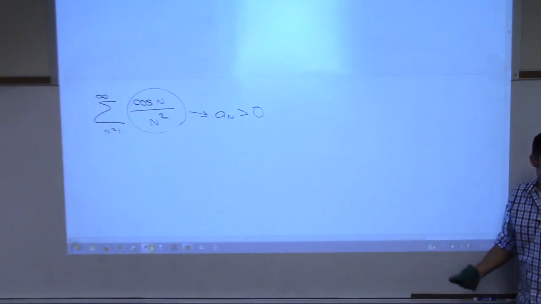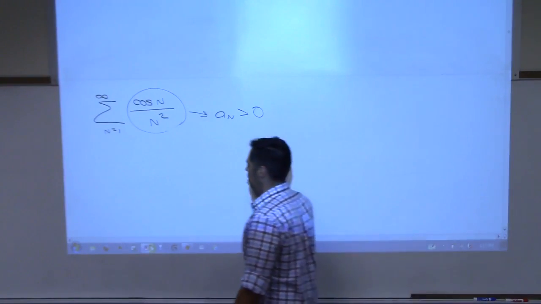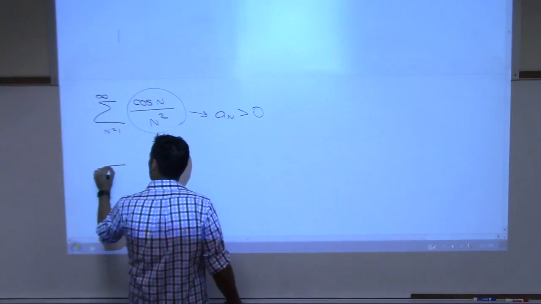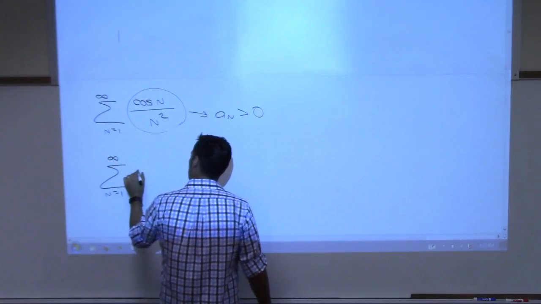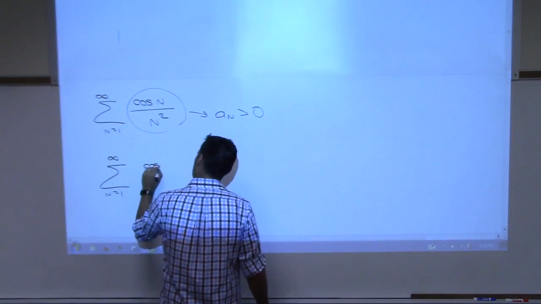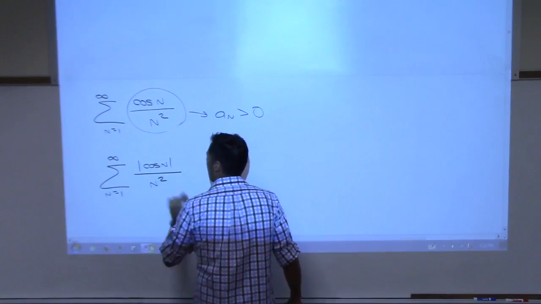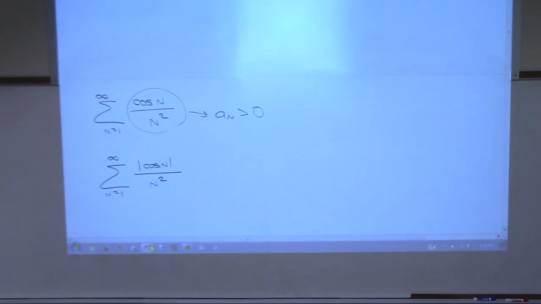Do you understand? But what I can do is hope for absolute convergence. So let's take the absolute value of this. If I take the absolute value of this, then I don't need to take the absolute value of the denominator because n squared is always going to be positive, right?